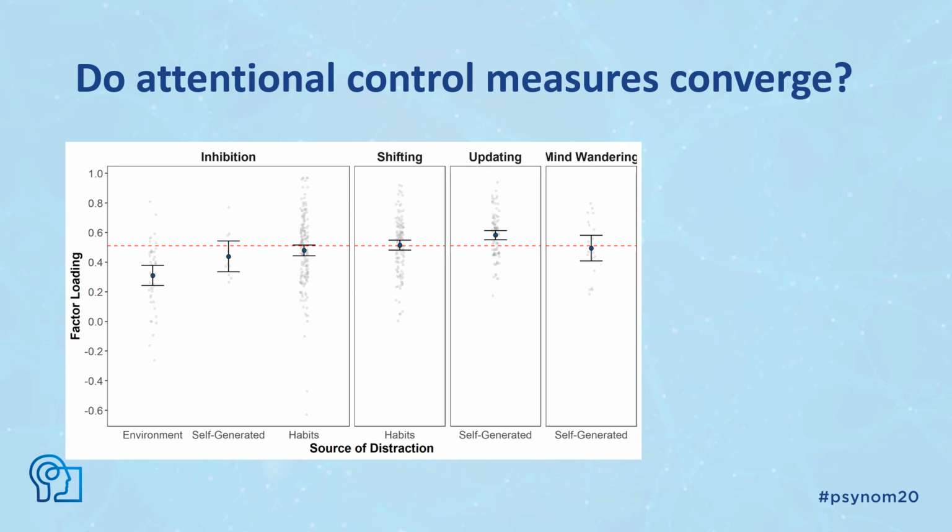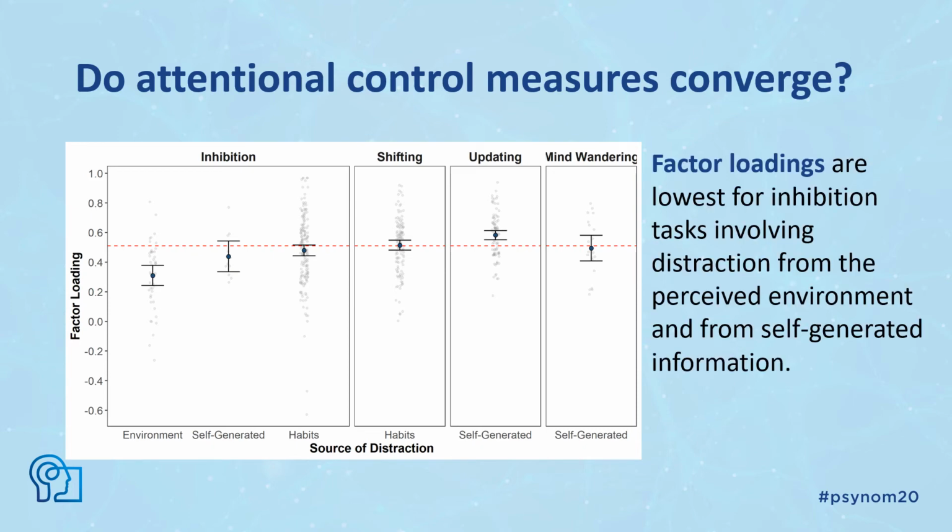But the inhibition measures, again, have relatively low loadings, especially those that involve distraction from the perceived environment. Again, the most typical example is the flanker task, but also those that involve distraction from self-generated information, such as proactive interference tasks that are often used for this purpose. They don't do very well.